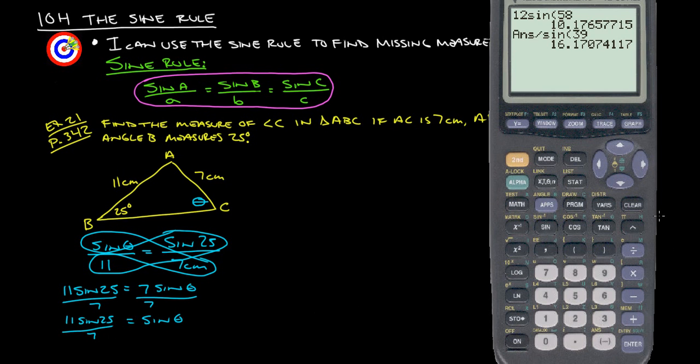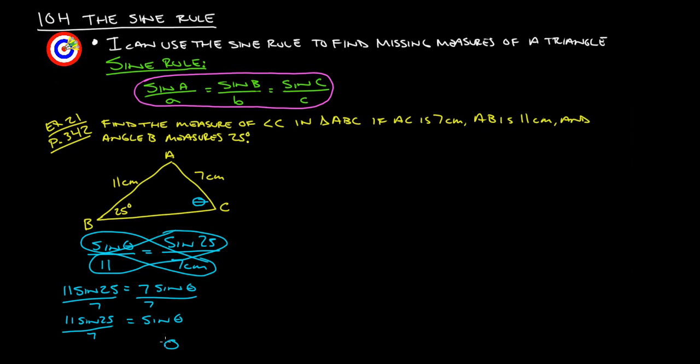Let's get our calculator back out. 11 sine 25 gives us 4.64, and now we divide that by 7 and we get 0.664. Since we're looking for an angle, we do second sine of our answer, and we hit equals, and we get 41.6 degrees. So theta equals 41.6 degrees, which is angle C.